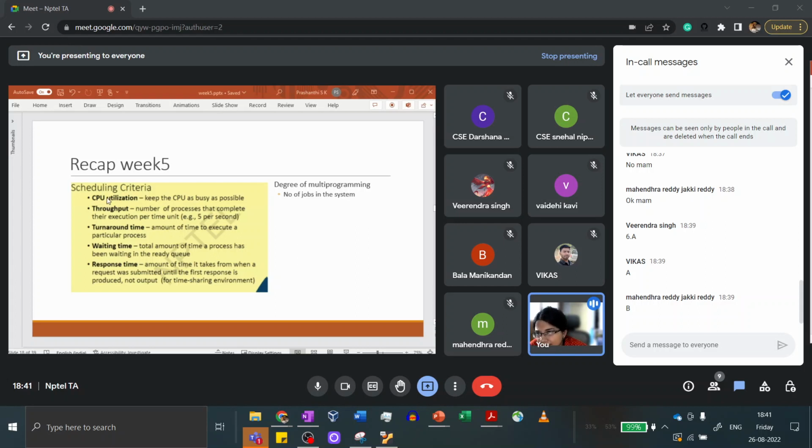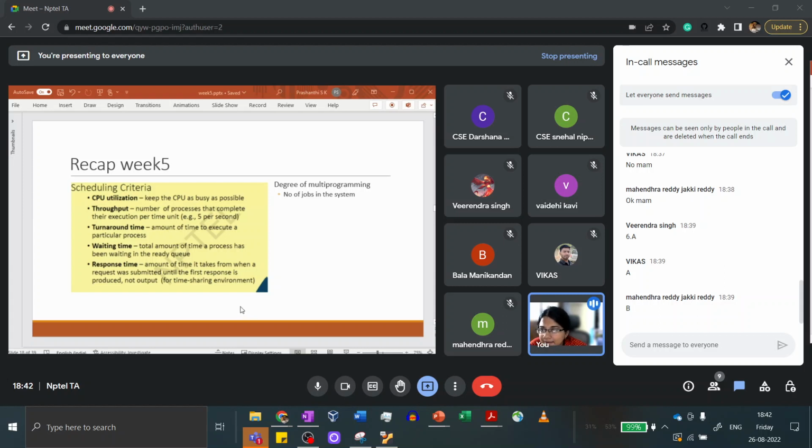So these are different measures, and you can design a scheduling algorithm that tries to optimize for one or more of these. And that's why we have these different metrics, right? Because there's a lot of work in the scheduling space.